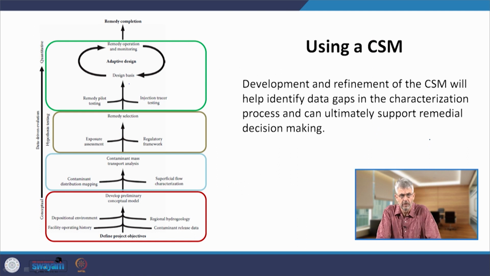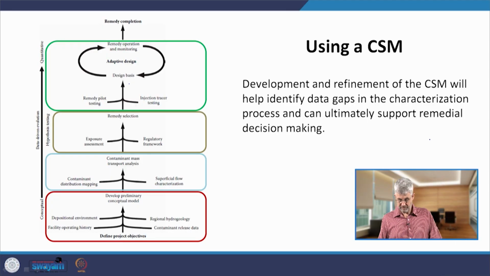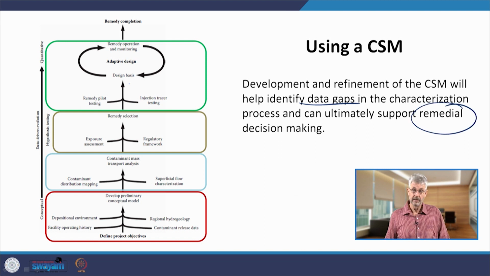So now let's say we have a CSM that we find appropriate and reliable, but we need to still understand how we have to use this CSM. So development and refinement of the CSM will help identify gaps in the characterization of the site and will help ultimately the remedial action.